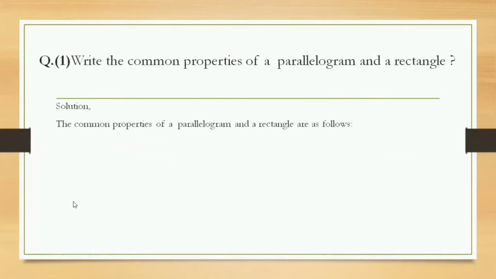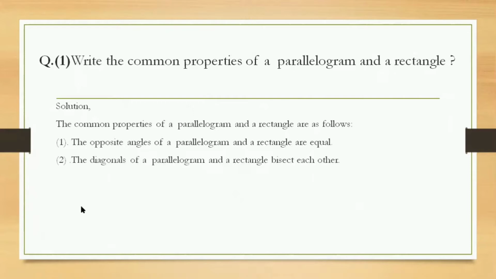Solution. The common properties of a parallelogram and a rectangle are as follows. Number 1, the opposite angles of a parallelogram and a rectangle are equal. Number 2, the diagonals of a parallelogram and a rectangle bisect each other.